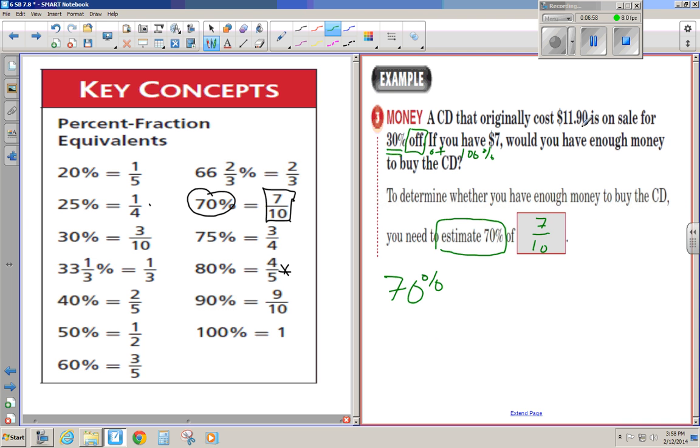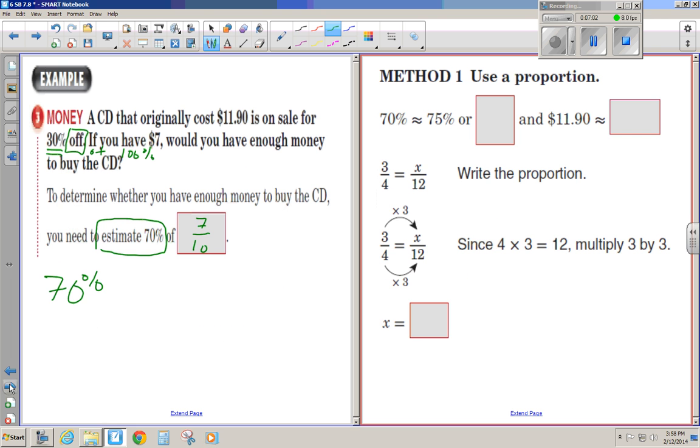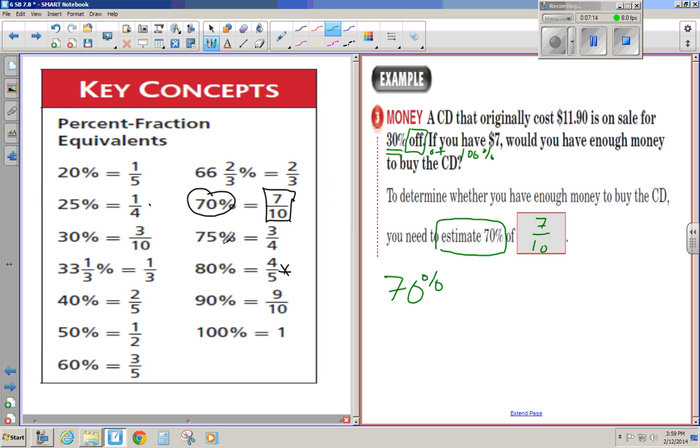We also need to look at 11.90. Oh, here we go. This is the example here. So we could use 7/10 if we want. Seven-tenths. So this isn't part of your note-taking guide, but 70% is 7/10, and $11.90 is about $12.